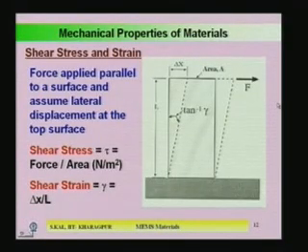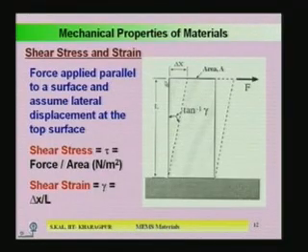So, let us see in this picture how we can define shear stress. For example, this is a block, and in that block force is applied parallel to a surface. In the other case, we have shown axial force applied perpendicular to a surface. Now, this is a body, and the lower part of the body is fixed.